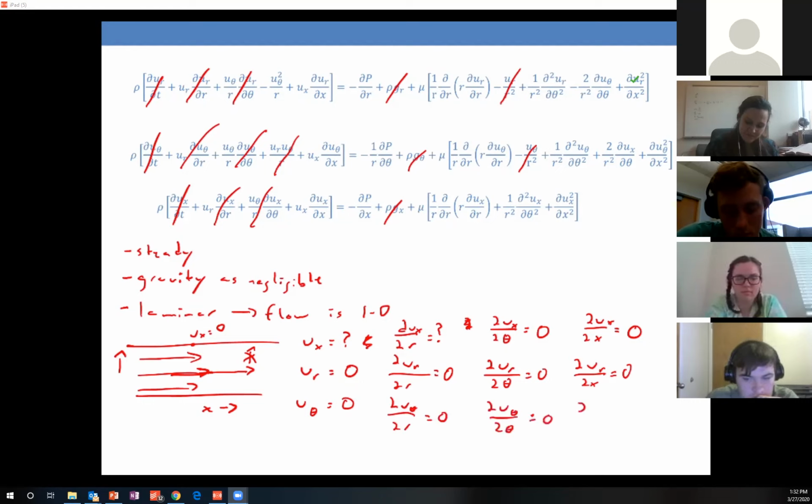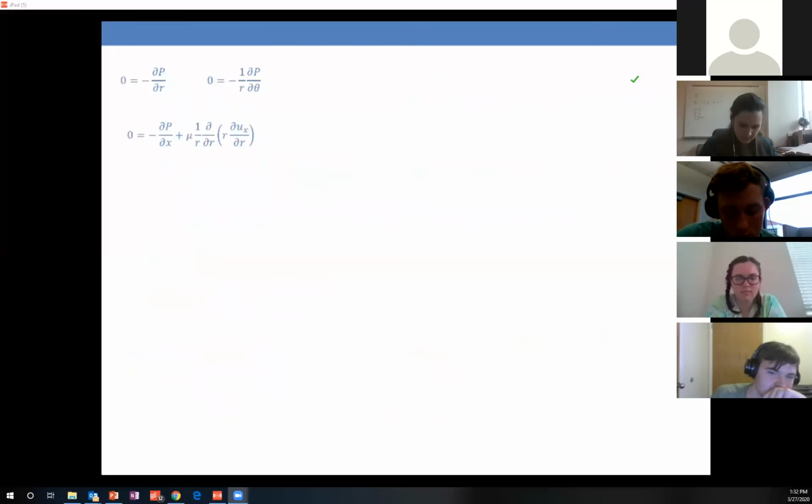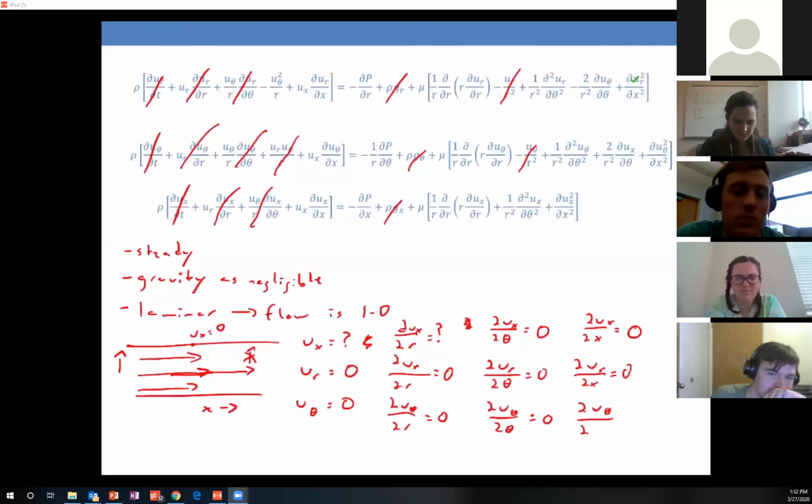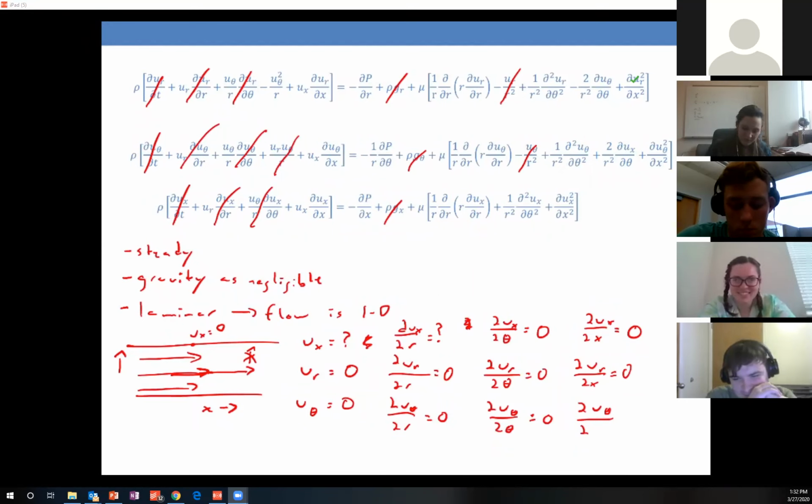The point of this is that everything is 0 except for u_x, du_x/dr, and the second derivative of that too. Everything else on here is 0. And that just comes from it being laminar and 1D and thinking through what the velocity is and what direction it is changing in.